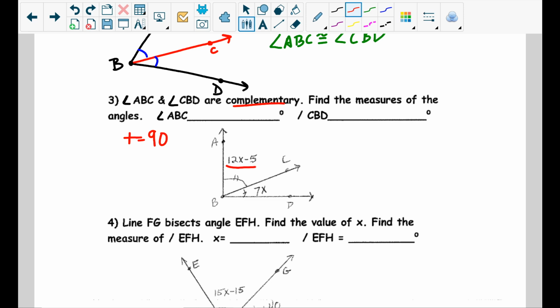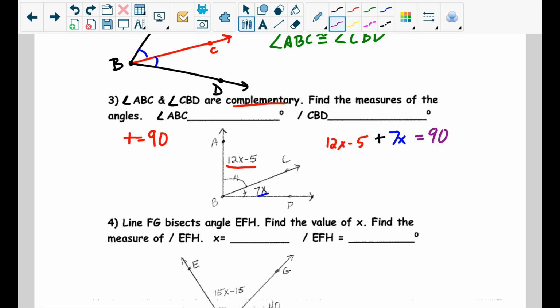I'm going to take 12x minus 5 plus the other angle here, 7x, and it should equal 90 degrees. Okay? Now again, as you're doing it, if you want to skip this initial step, I know I'm adding these two.